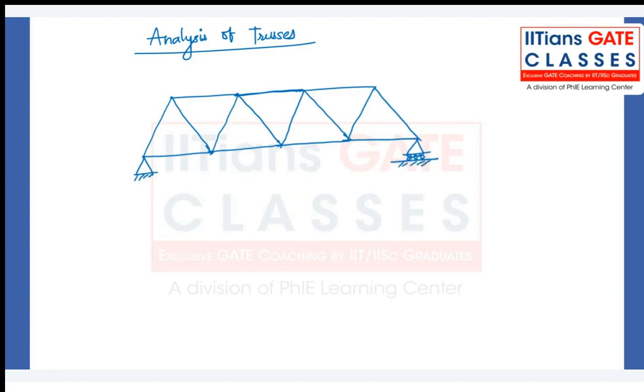And maybe let's say these are some loadings. So AB is a beam, or A and B are the supports, let's say, and the other points are C, D, E, F, G, H, I. Okay, so draw this figure.